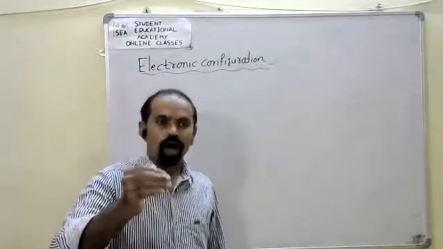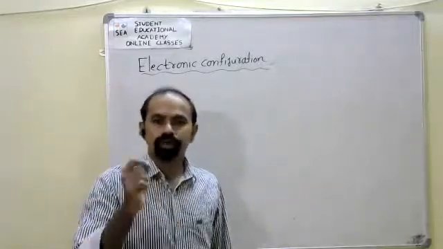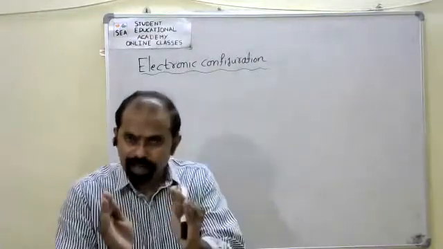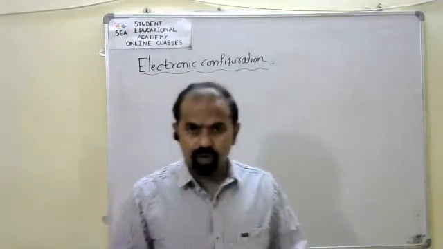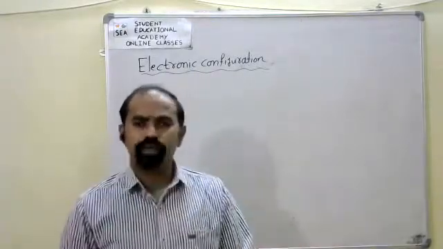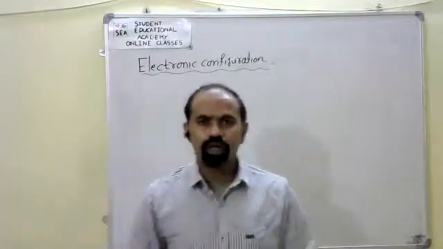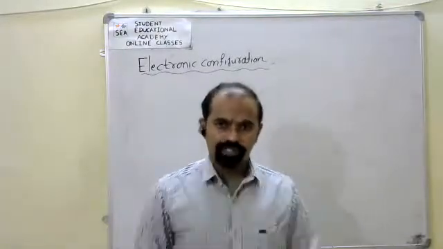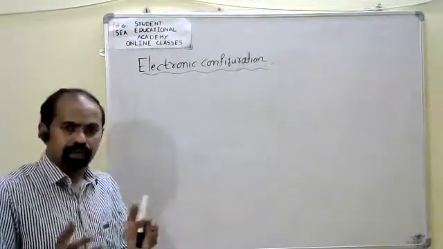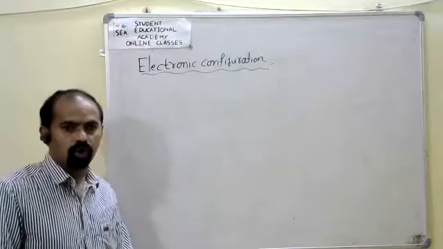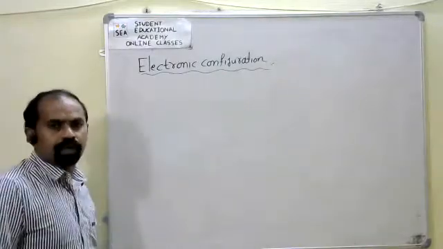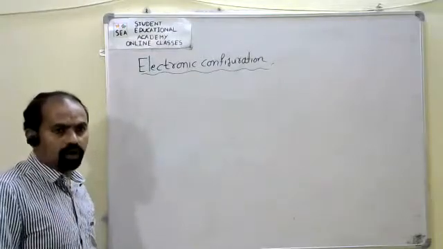Otherwise, the arrangement of electrons in orbitals of a given atom is called electronic configuration.